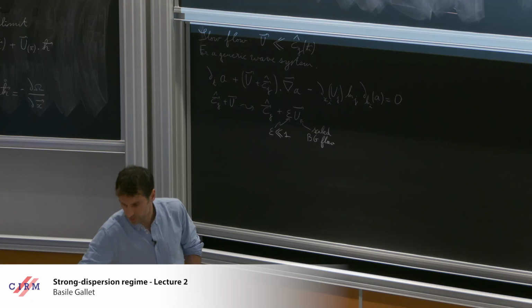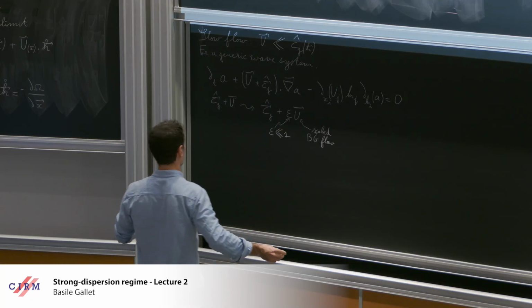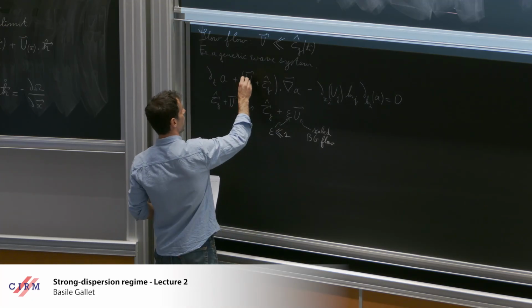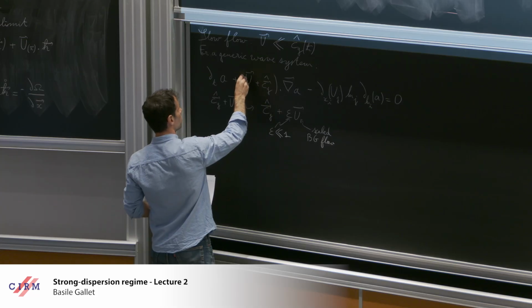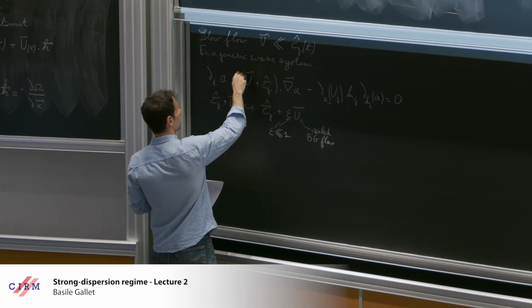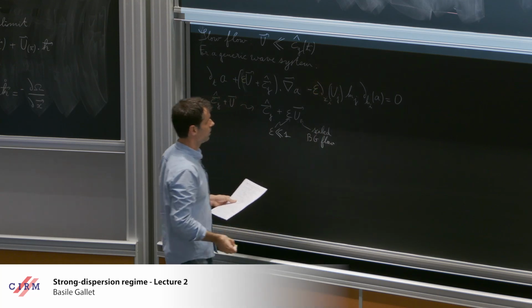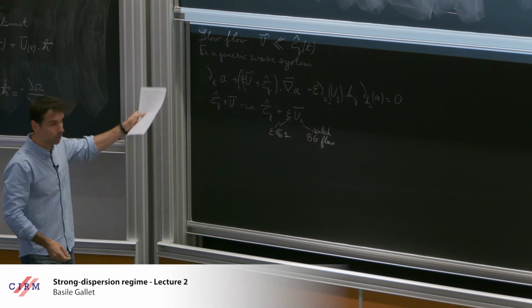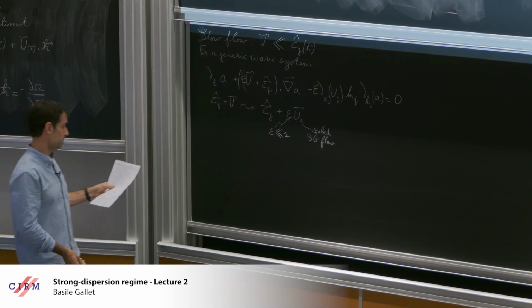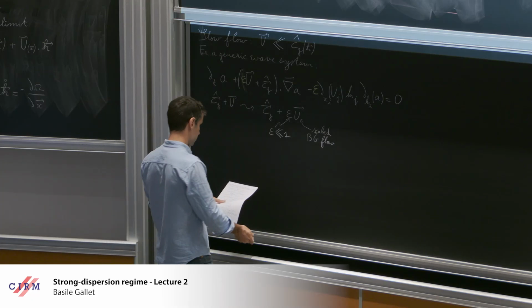If I do this, I will be solving the same equation with an epsilon everywhere. Well, there's a U, there will be an epsilon here, and I will have an epsilon here. And I'm going to solve that using an expansion in epsilon.